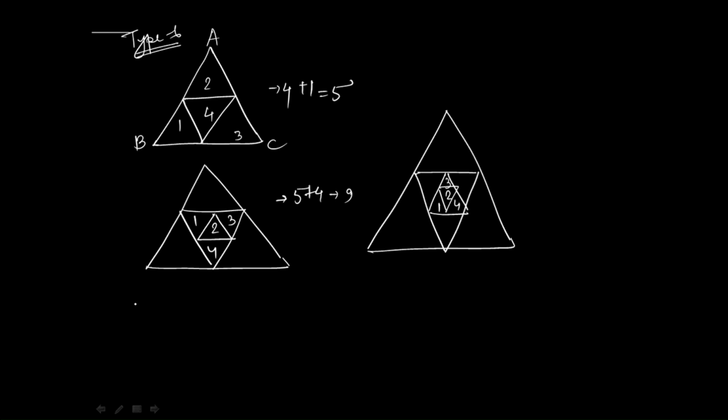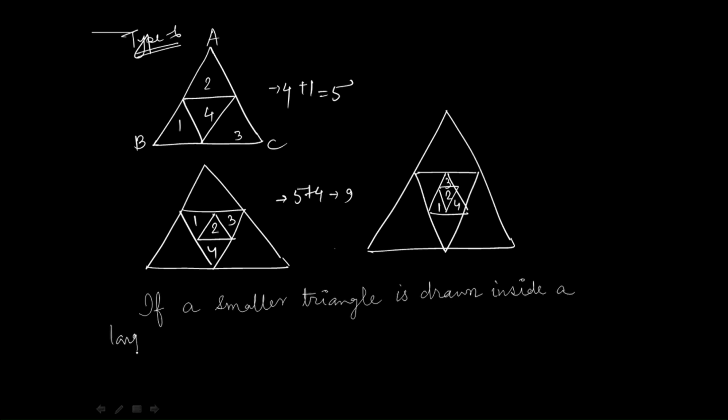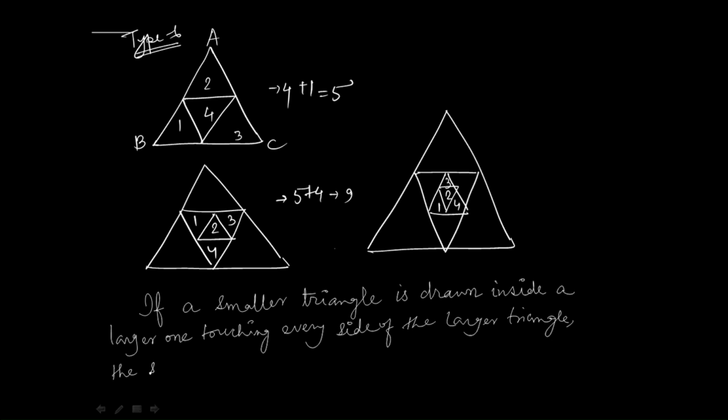So you can say that if a smaller triangle is drawn inside a larger one, touching every side of the larger triangle, the smaller one creates 4 triangles.